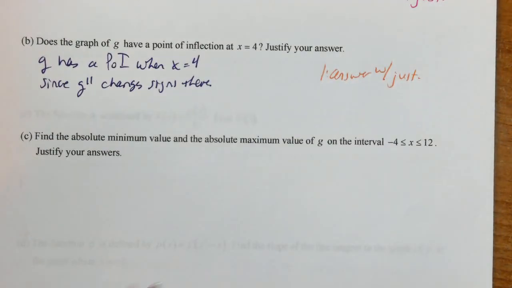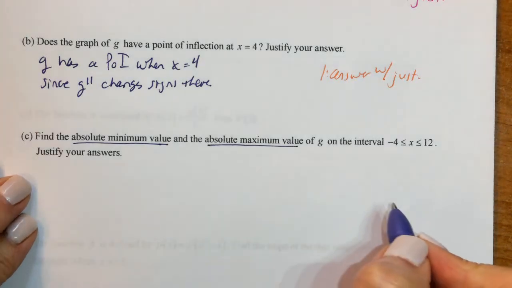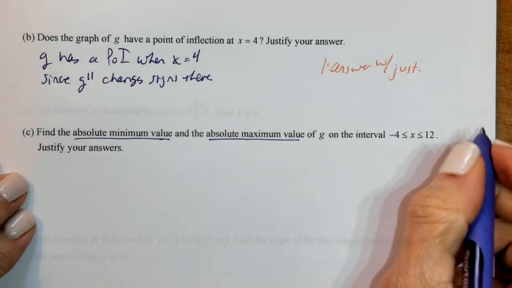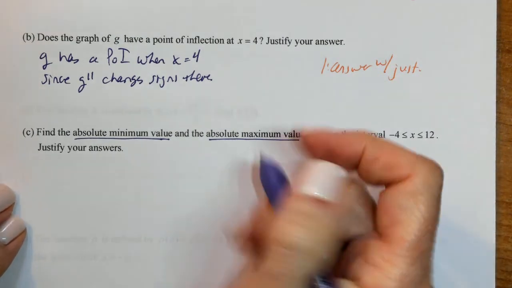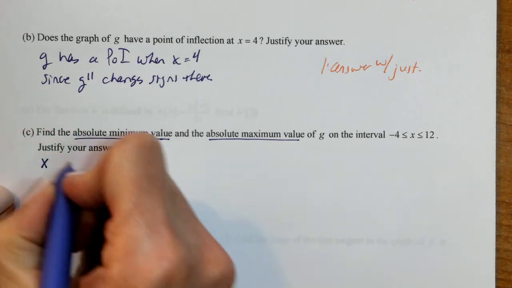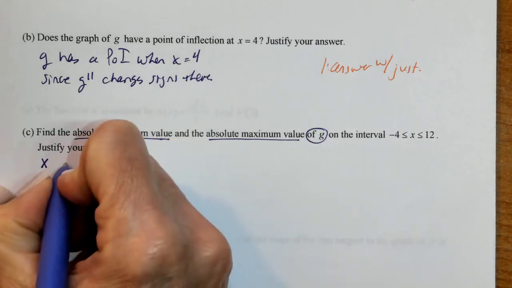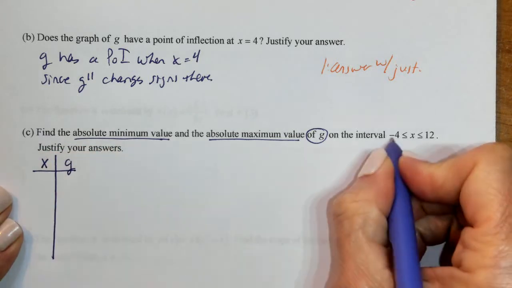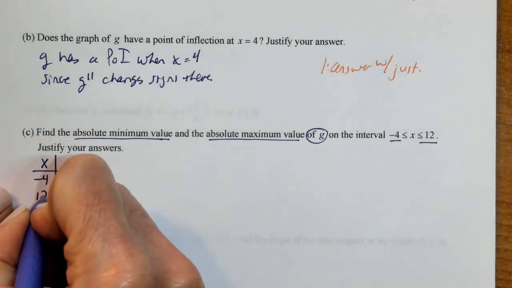Part C, find the absolute minimum value and the absolute maximum value of G on that interval and justify. So when I see absolute min-max, I think closed interval test. My independent variable here is x. I'm finding the max and min of G, so that goes here. I begin with my closed interval boundaries, -4 and 12.